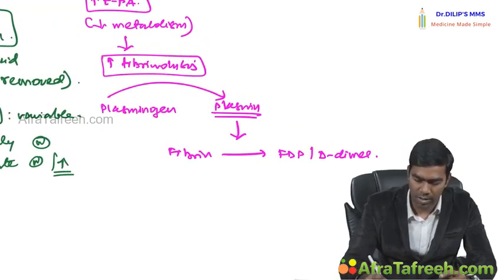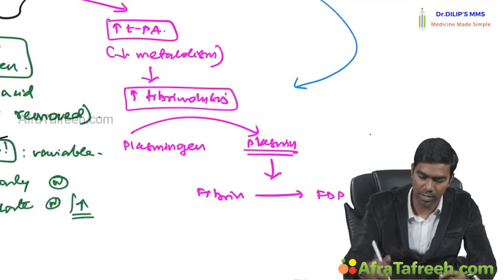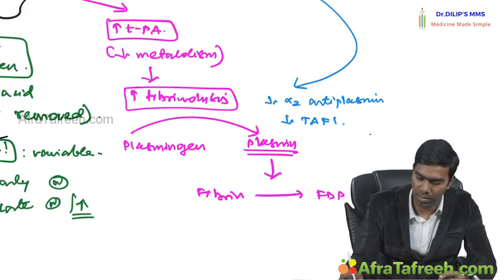So this plasmin also can be increased due to a lot of reasons, because there will be reduced production of alpha-2 antiplasmin, and reduced production of TAFI.